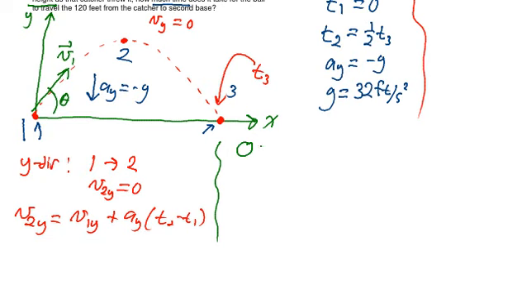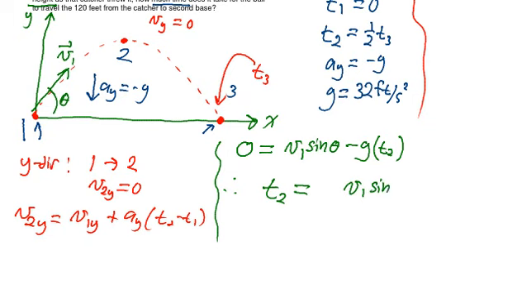So 0 will be equal to v1 times the sine of theta, because that gives us the y component of the original velocity, minus g times the quantity t2, because t1 is equal to 0. If we solve this expression for t2, we get v1 sine of theta divided by g.